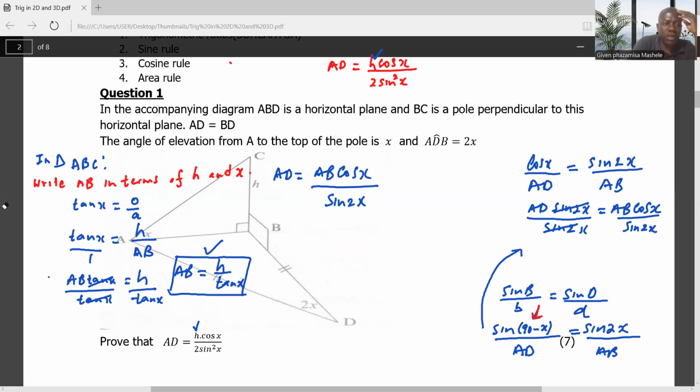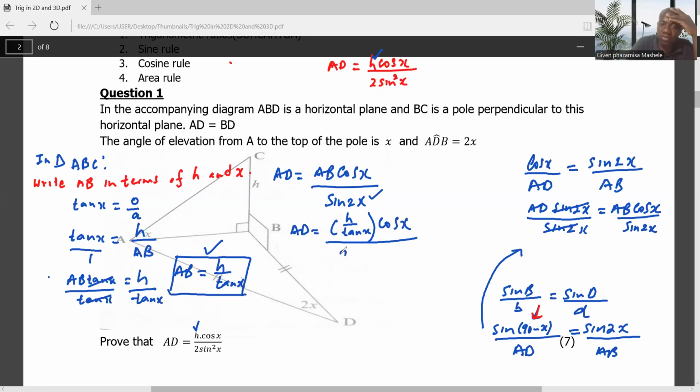Let's just substitute the AB by our expression that we got. AB is equal to H over tan X. I'll just put it inside brackets, multiply by cos X, divide by, look at this one, it's a double angle for cos.